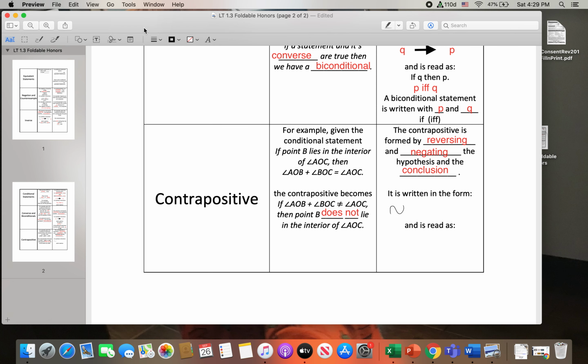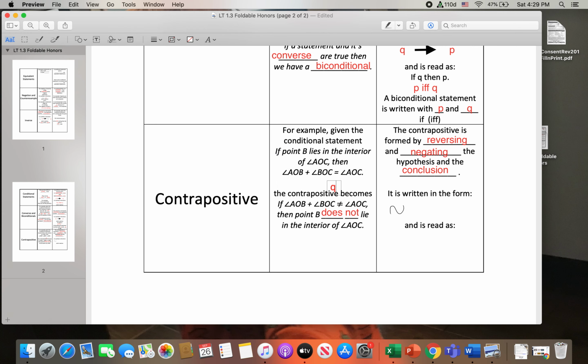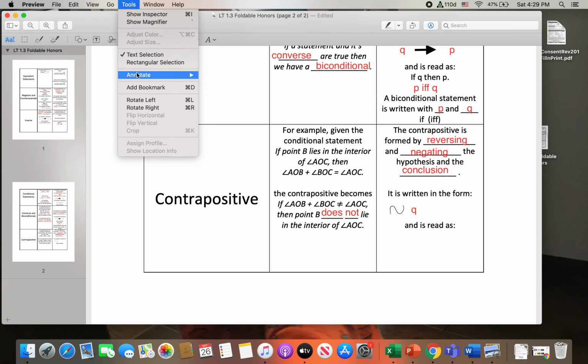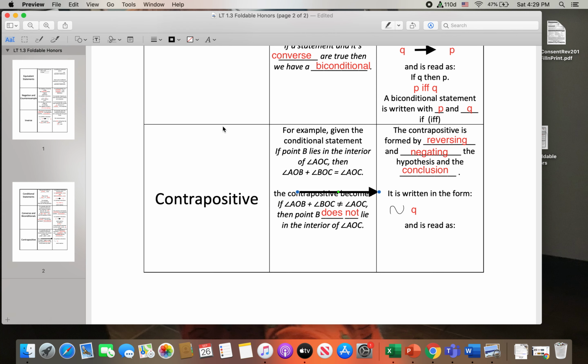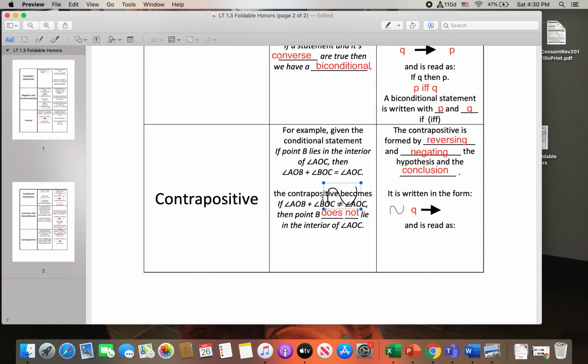And it starts at the end, so we have to have Q first. And then we have the arrow. Then the symbol, shrunk down.